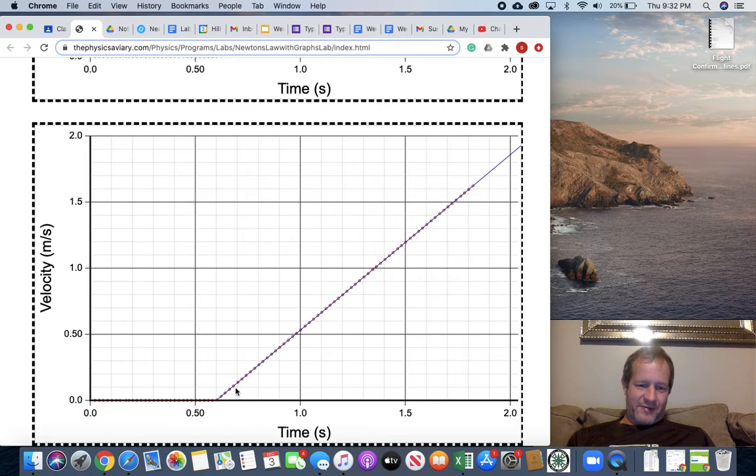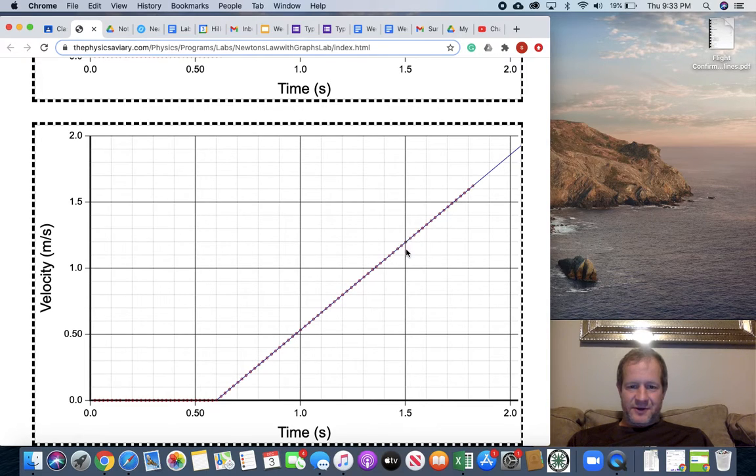So let me show you how I would get the slope. I would probably start down here, and I have a point of 0.6 for my time and 0 for my velocity. Now I'm going to find a point on this line that crosses a grid line, a good grid crossing, and I want to do it as far away as possible. It looks like the line crosses at this point.